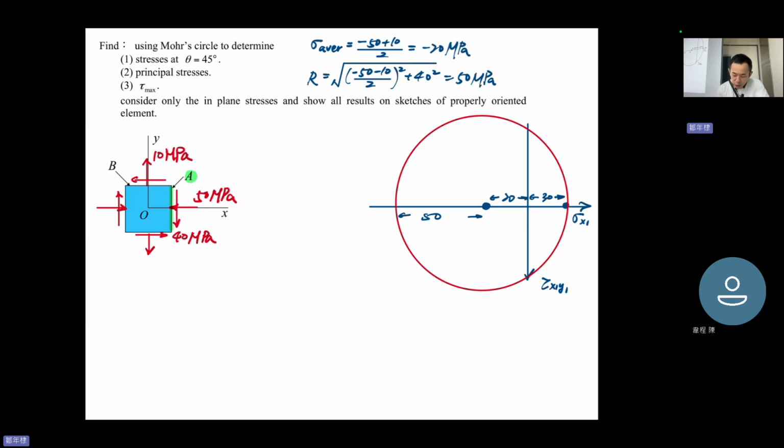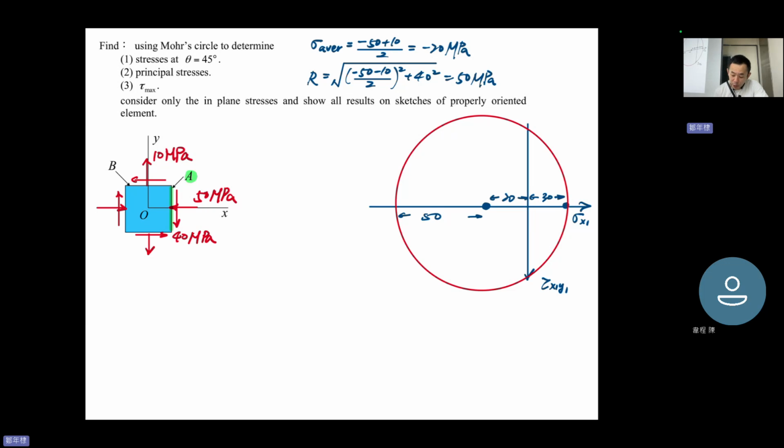And then we can calculate sigma average and R, and we can set up the Mohr circle, right? So that's it.